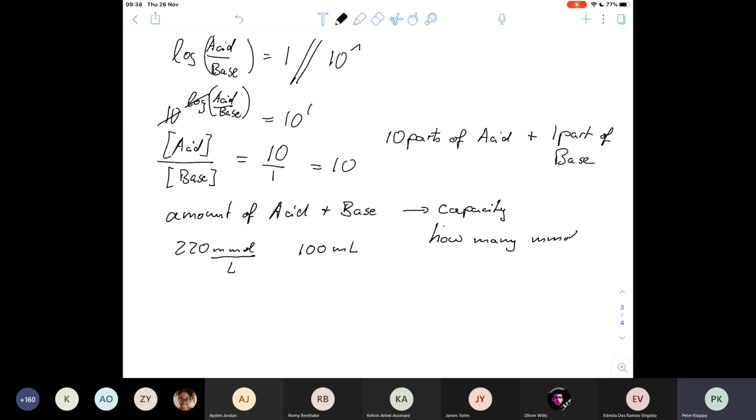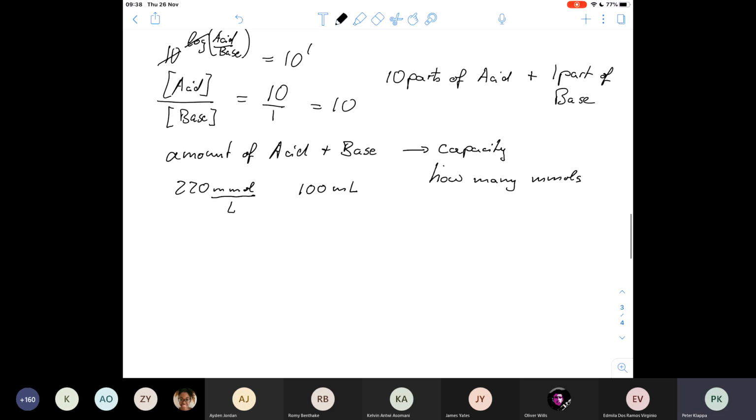Now that's not terribly difficult to calculate. We know how we can calculate that. We say millimoles, and I use dimensional analysis. Do we have millimole somewhere? Yes, we've got it here. So we've got 220 millimole per liter.